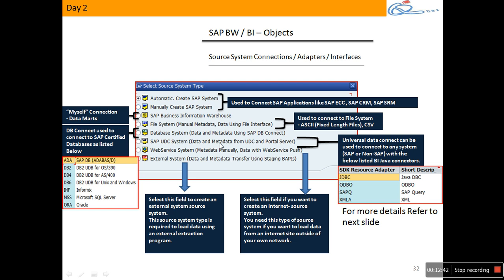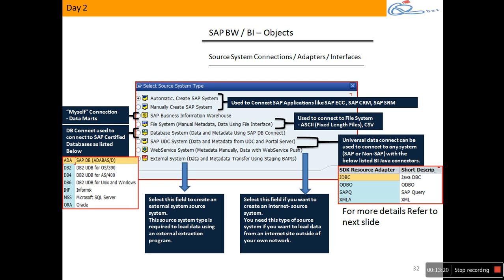Then we have something called UD Connect, Universal Data Connect. This can be used to connect any application to BW, whether it is SAP or non-SAP or any database, whether it is certified or not.